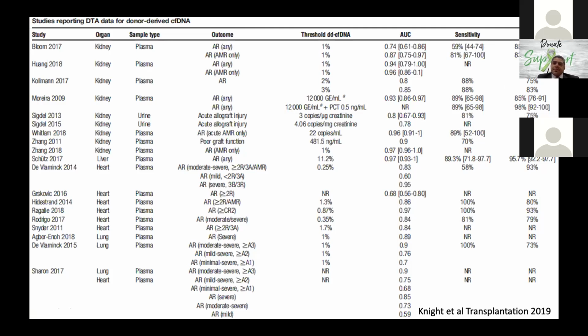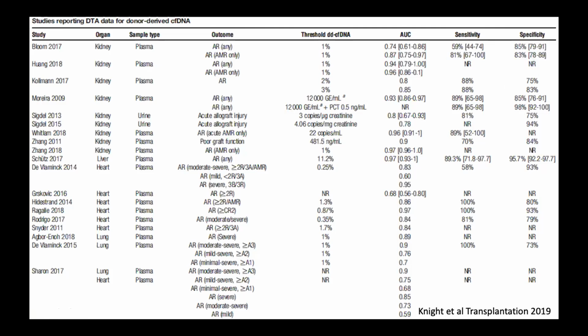It tells us that the performance for the test as negative in the right circumstances is better than if the test is positive. So that's kind of what we'll get into, the negative predictive value of the test here in a minute, with our experience in our institution.